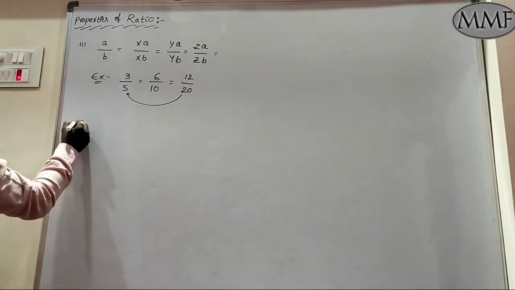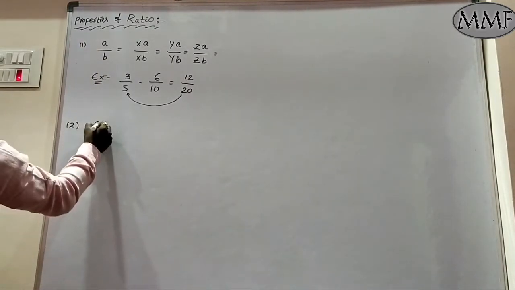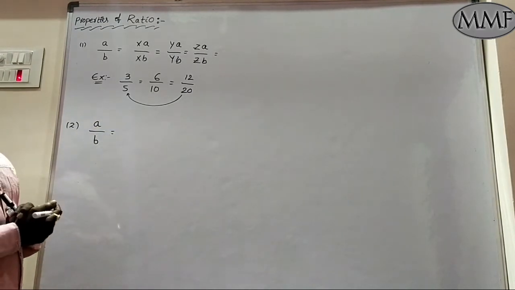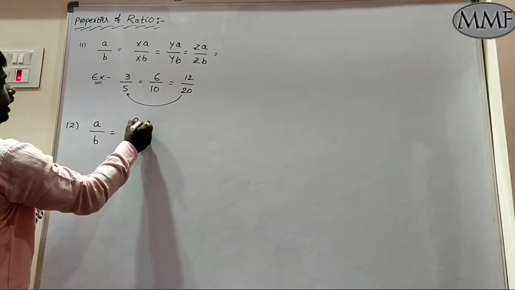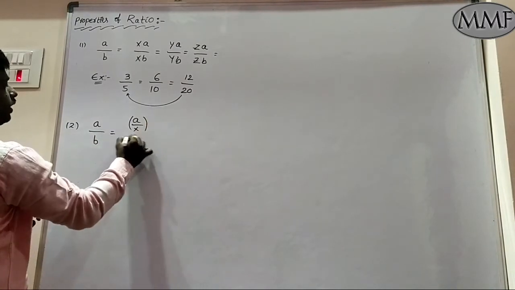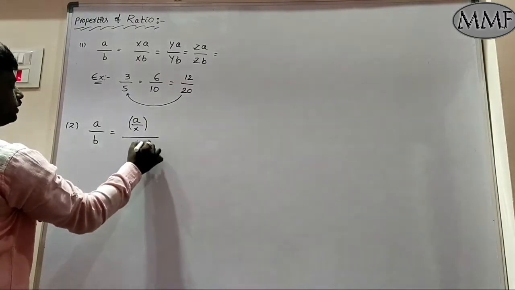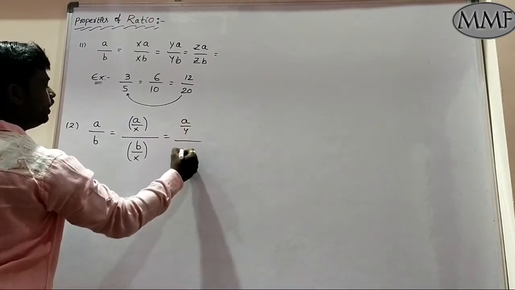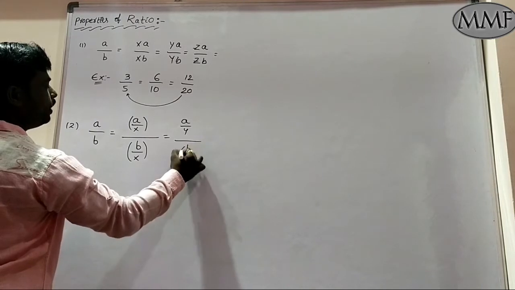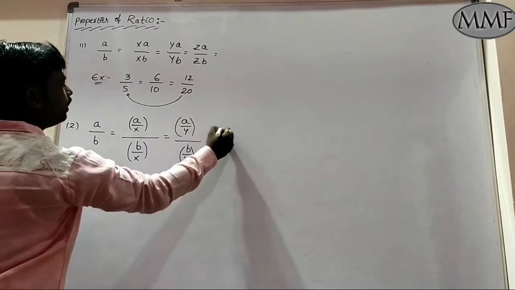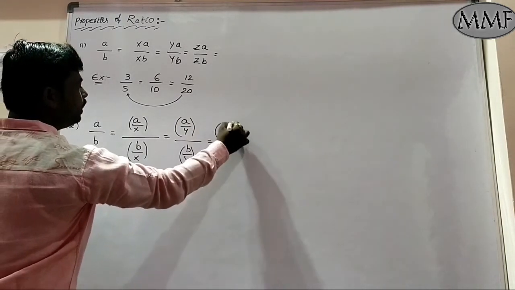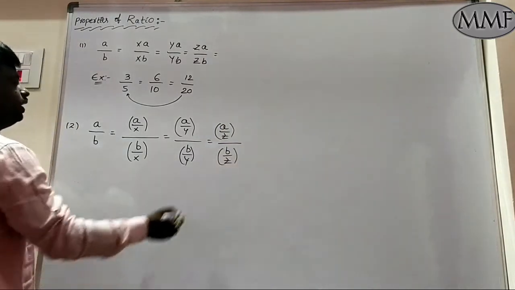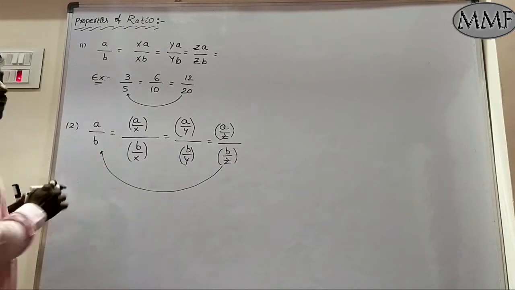Second property: any ratio A by B is divided by a constant like X, A by X divided by B by X, or another constant, A by Y divided by B by Y, or A by Z divided by B by Z, then there is no change in the resultant ratio.